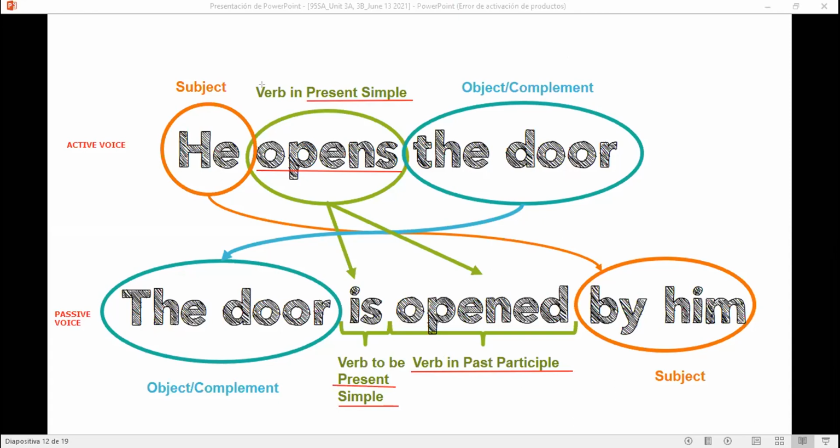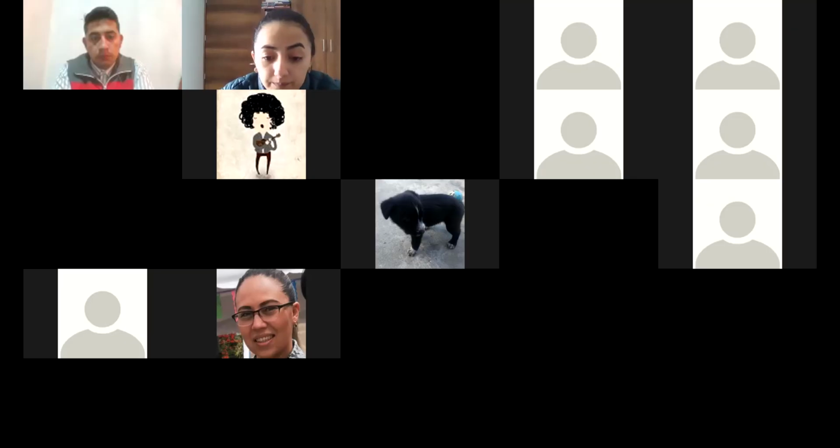Let's see. Let me look for the right page to explain you how do we change the... Okay, here it is. Les voy a compartir nuevamente y ahí vamos a ver el uso de este passive voice, ¿no?